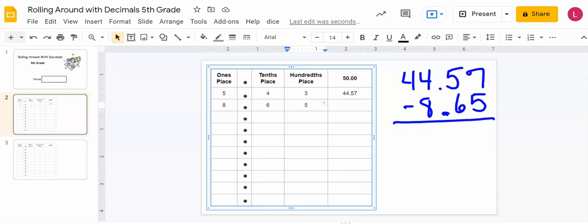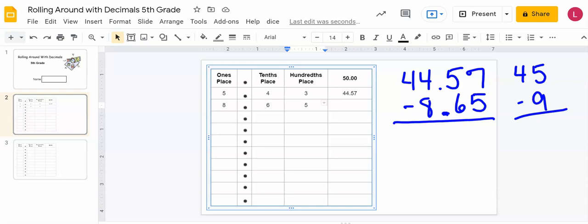Okay, so that is about 45. And this is about 9. So if I were going to subtract that, I know if I were to subtract 10, then it would be 35.